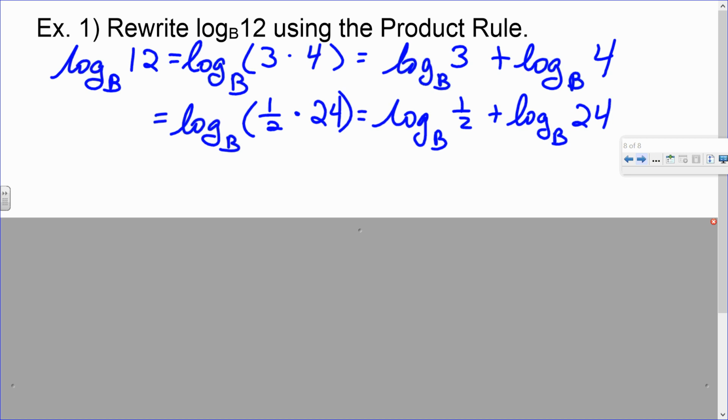However, there's some things that I don't want to go with. What about if I did -2 times -6?